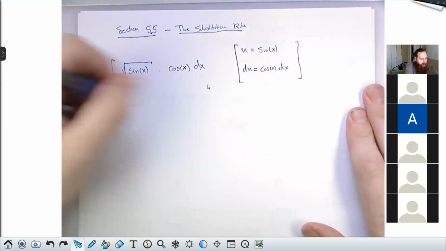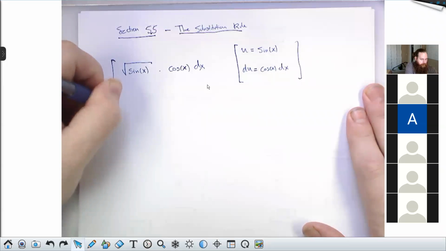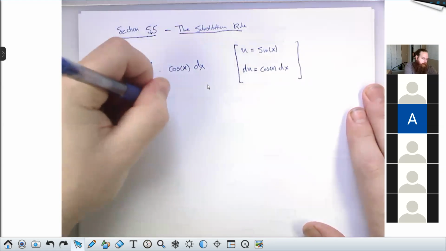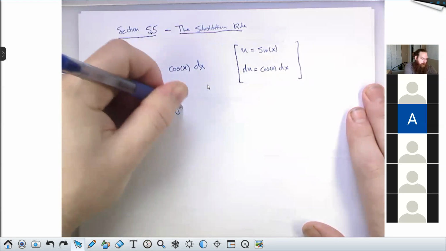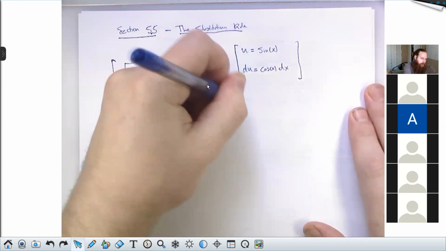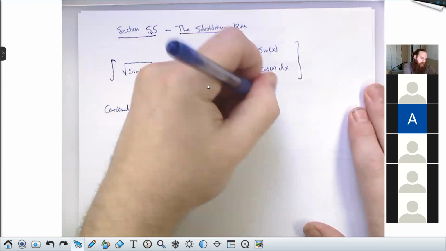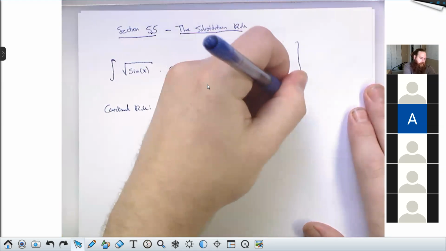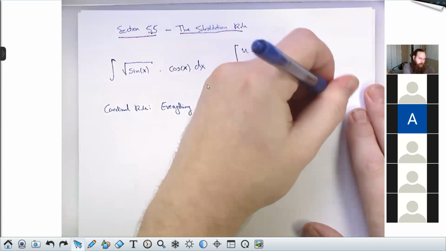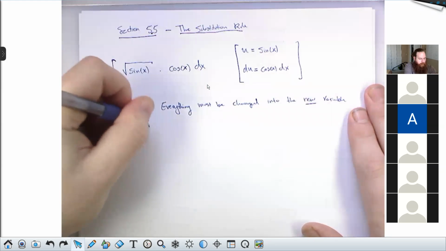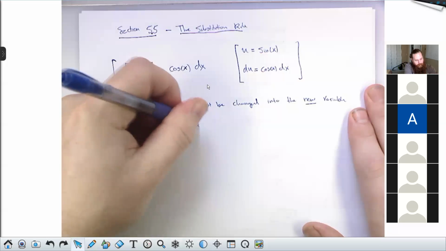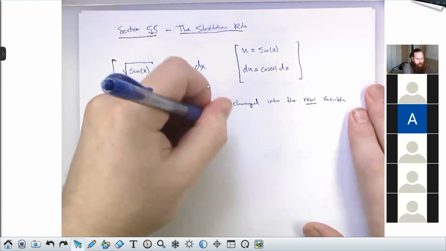The cardinal rule for substitution: everything must be changed into the new variable before doing any integration.